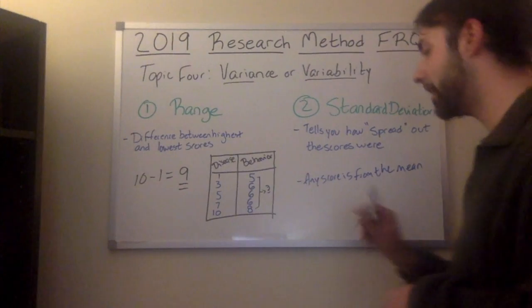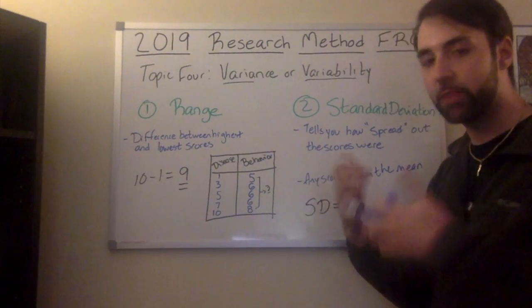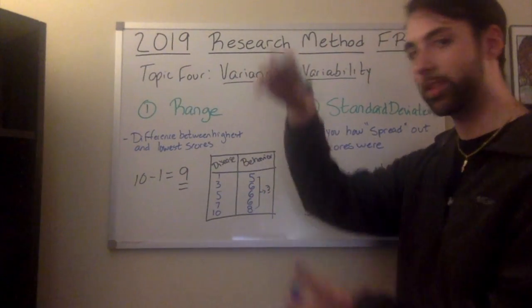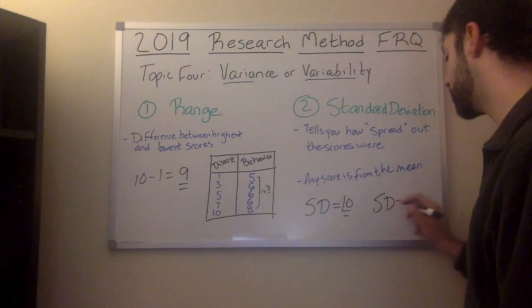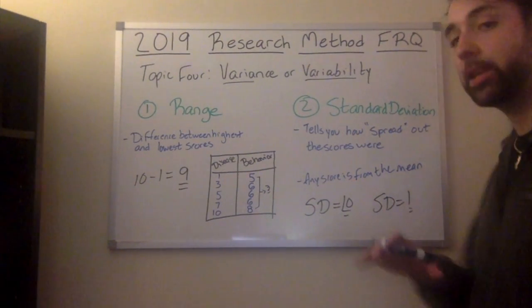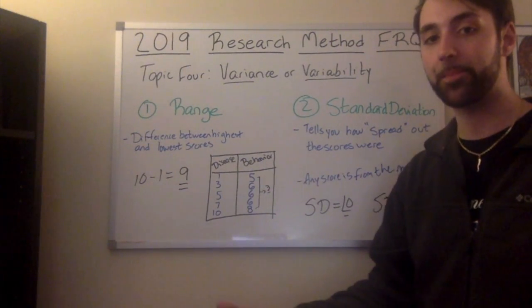So for example, if you had a standard deviation of 10, that means on average any random score in the distribution or the set of numbers is 10 away from the mean. If you had a standard deviation of just the number 1, it would mean if you pulled out any random score in the set, it's only 1 point away from the mean.